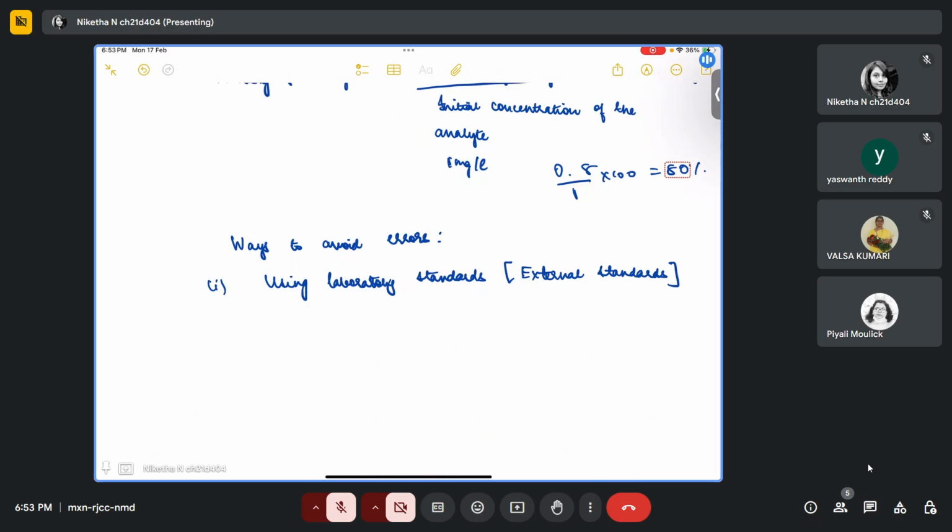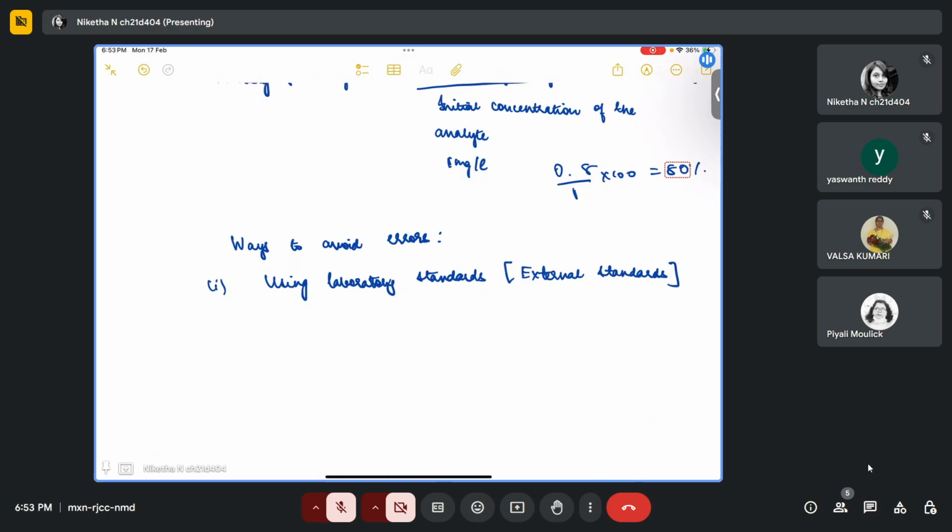An external standard is a standard, but unlike an internal standard, it won't be added to the sample. So if you want to analyze a substance from a given sample, you will take the same substance, prepare a known concentration of that, and use it for the calibration. But in case of an internal standard, you are putting this chemical into the sample itself along with the analyte of interest.